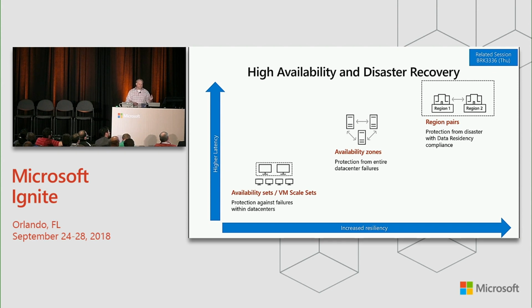But the downside with that set is if they're in one data center and that data center has problems, some of us experienced that a couple weeks ago in our San Antonio data center, you can impact all those VMs just because they are in that same data center. In the middle, where we have 8 of our regions now in availability zones, and that's going to continue to expand, we separate out those machines across buildings so that you're not reliant on a single data center.